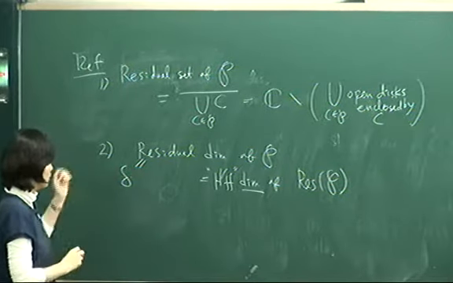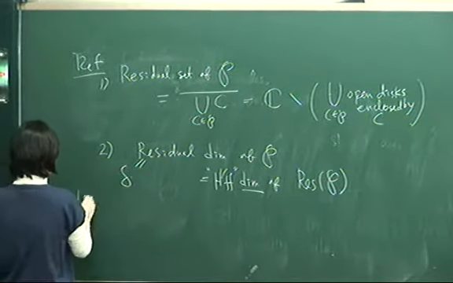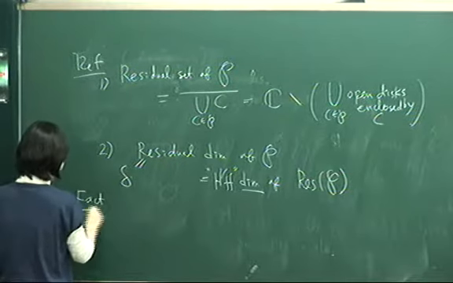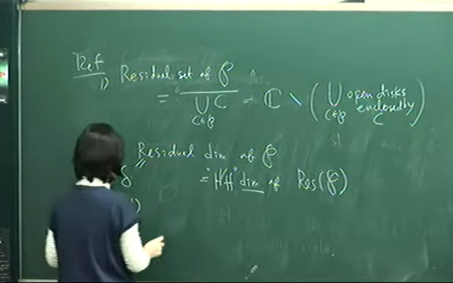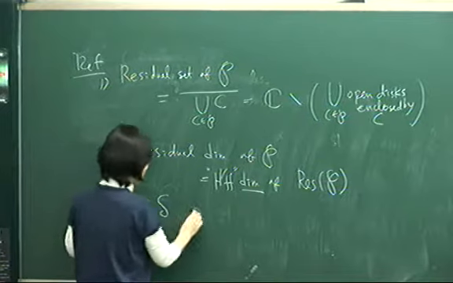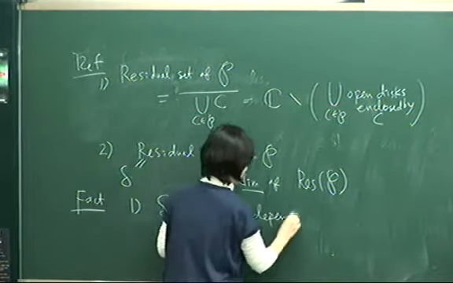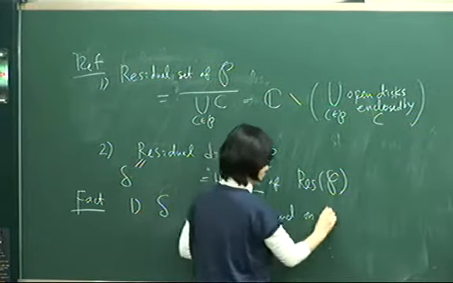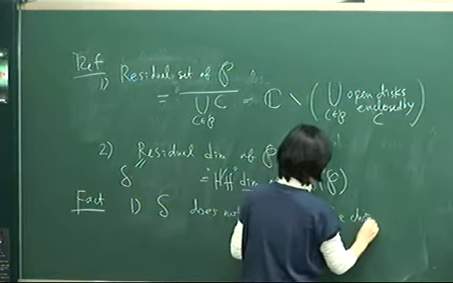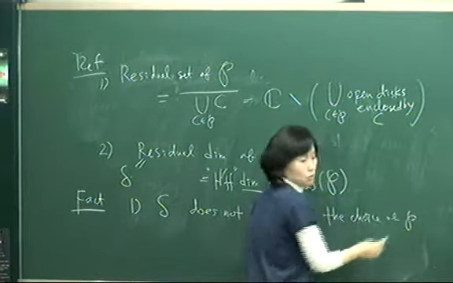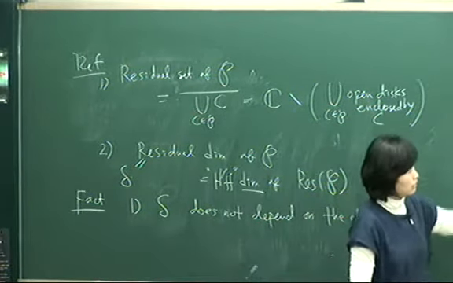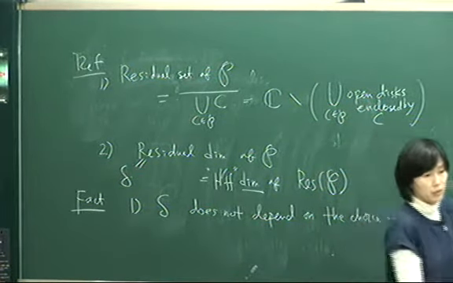And what is known about this delta, the residual dimension, is an easy fact. First of all, this delta does not depend on the choice of P. What I mean is that there are infinitely many different Apollonian packings.